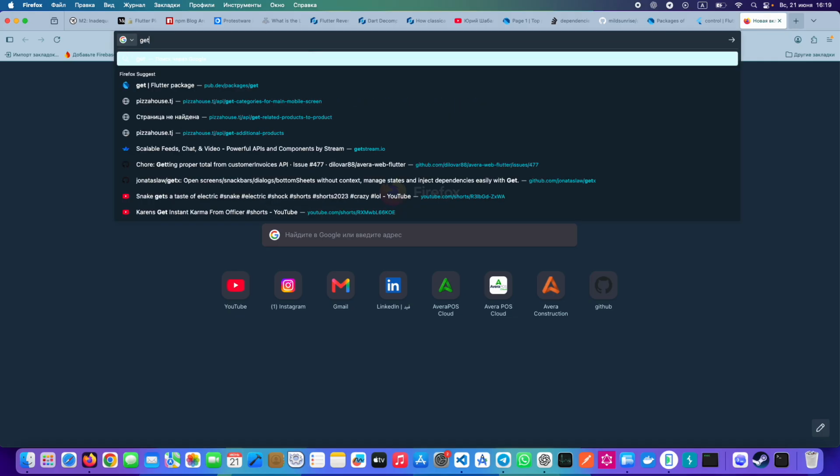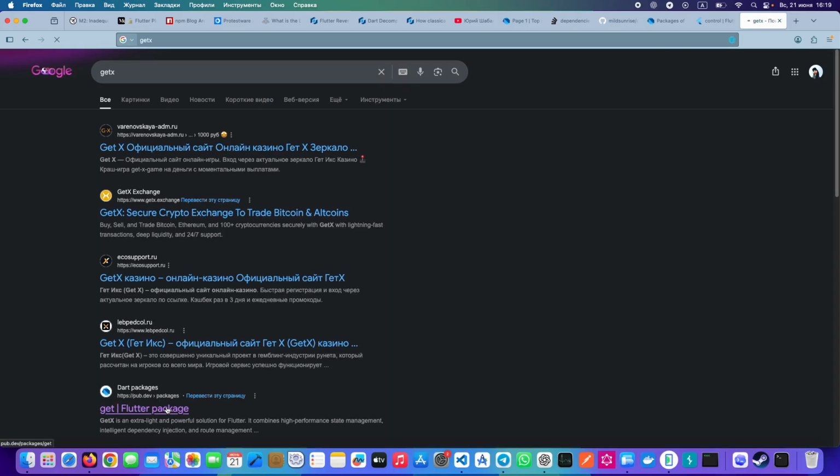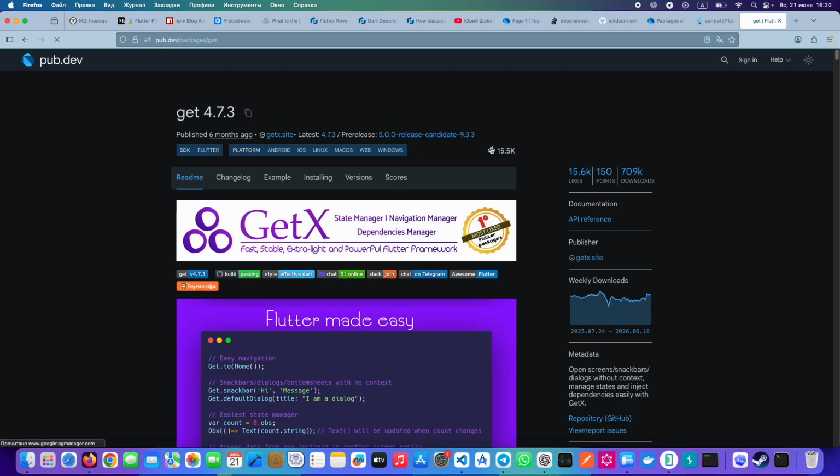For example, there is a Flutter package that has a lot of likes, even though it doesn't have enough downloads. The downloads are very low, so you have to be sure that the specific package you're using is good enough.